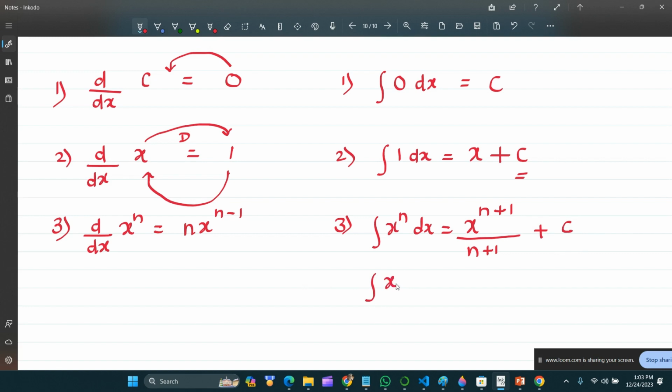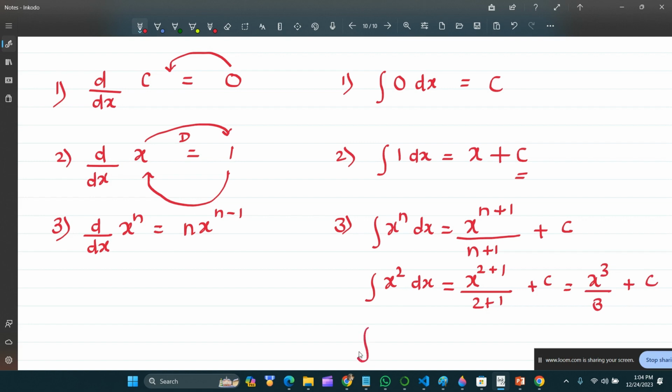If integration of x square dx, what we have to do here, we have to add 1 to the given power, that is x raised to 2 plus 1 divided by the same number, 2 plus 1, plus c, meaning the answer is x cube divided by 3 plus c.